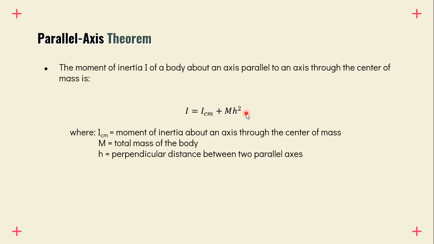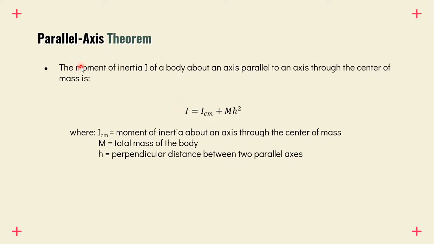Then for the parallel axis theorem, I just need you to be familiar with these concepts. In the parallel axis theorem, the moment of inertia I of a body about an axis parallel to an axis through the center of mass is I = I_CM + Mh², in which I_CM is the moment of inertia about an axis through the center of mass, M is the total mass of the body, and h is the perpendicular distance between the two parallel axes.